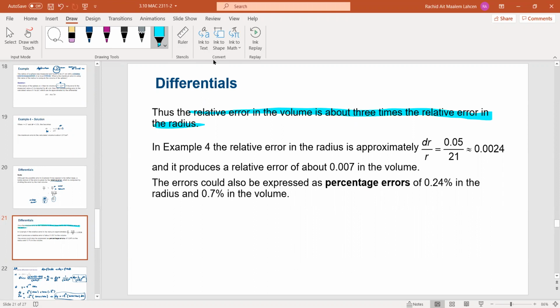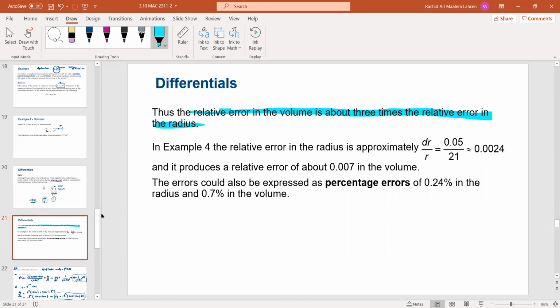And of course, you can calculate everything here and use percentage instead, or just plain decimals for the error, to have a better idea about the numbers, so we can do some calculations.